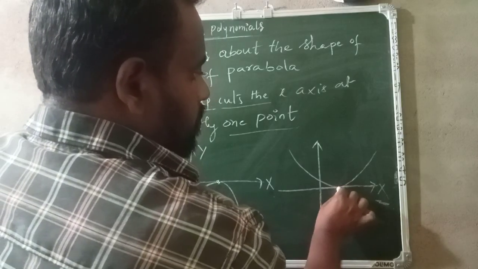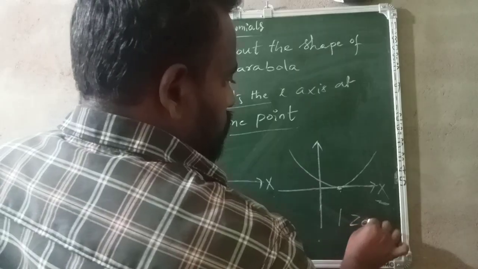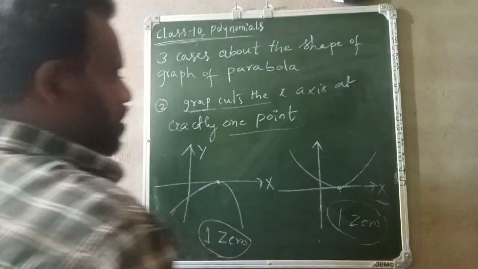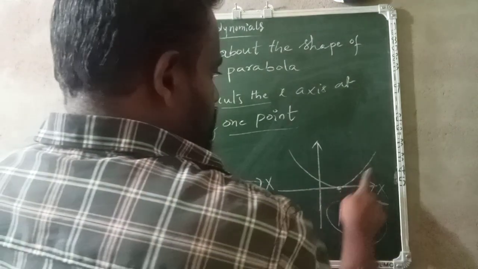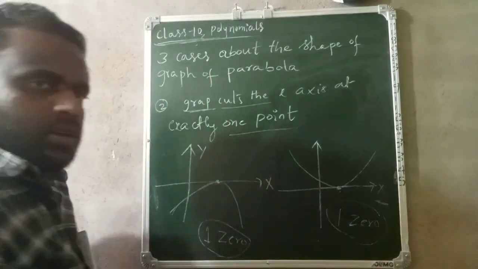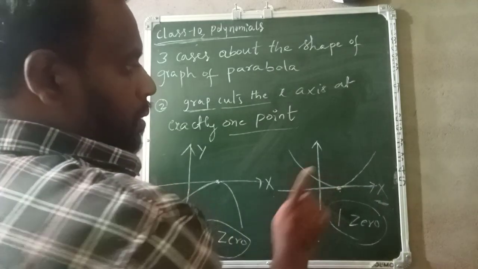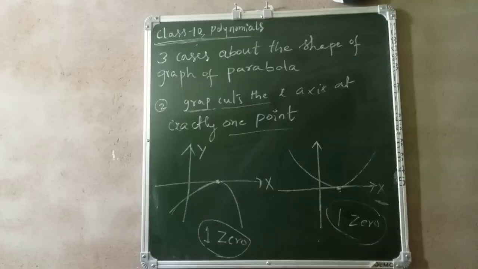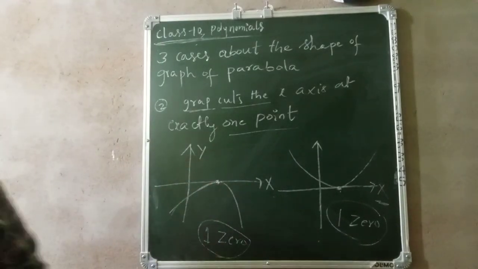Even this also. See, because of this one point, how many zeros does it have? 1 zero. Now this function has 1 zero. Even this function has 1 zero, because it is cutting the x-axis at only one point. Okay. Next I will move on to case 3.